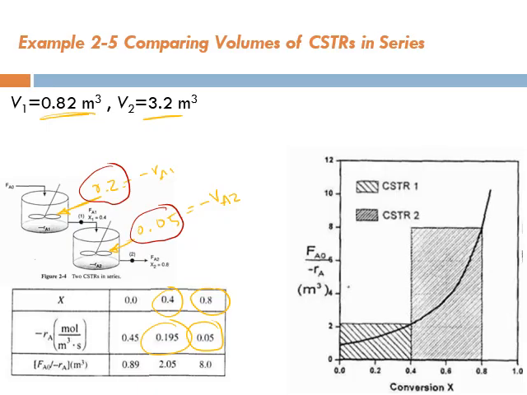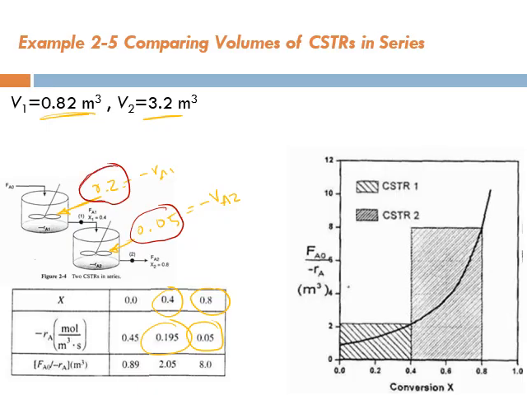Okay, since reactor 1 is achieving only 40% conversion, that means the concentration is relatively high compared to the second reactor, where by that location you have 80% conversion. That means the majority of the moles converted, so the concentration is relatively small. Therefore, the rate of reaction in the first reactor is significantly higher compared to the rate of reaction in the second reactor.